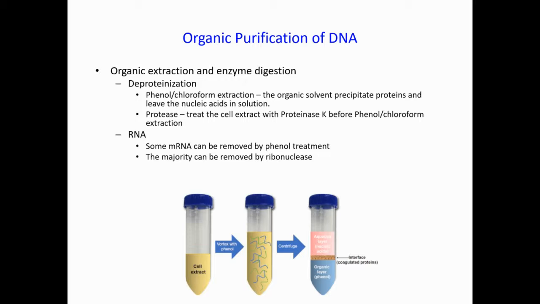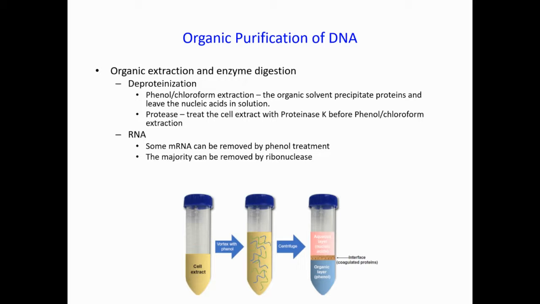But be careful: the more phenol extractions you perform, the more likely you might break the DNA molecule into small fragments. And when the DNA is broken into small fragments, the result of a PCR reaction or NGS analysis might not be reliable.